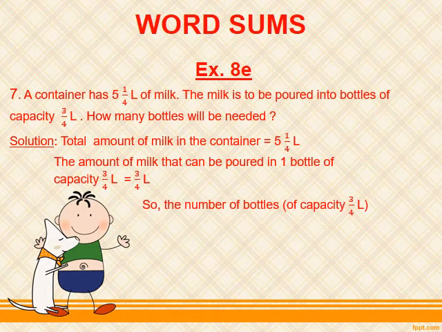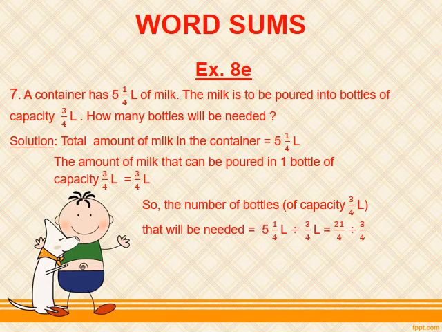So the number of bottles of capacity 3 by 4 liter that will be needed is equal to 5 1 by 4 liter divided by 3 by 4 liter.